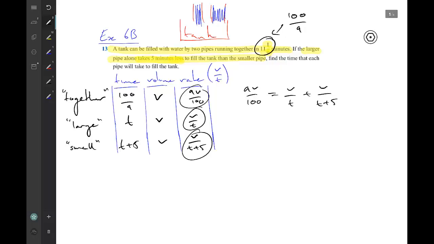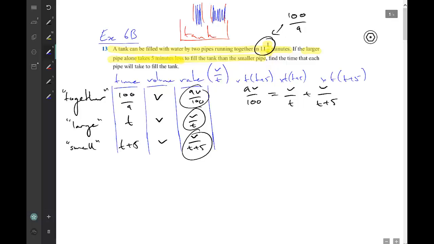So the first thing I'm going to do is just cross multiply. Just to make it clear again, I'm going to multiply both sides by T and by T plus 5. So basically multiplying that side by T on T plus 5, multiplying this thing by T, T plus 5, and the same thing with this one.